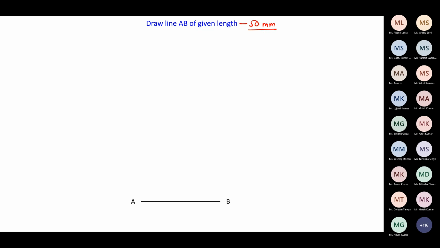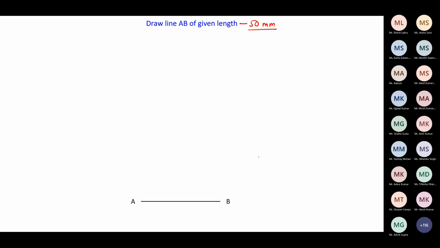So this line is given. Construct a regular heptagon of side 50 mm. The first task is to draw a line AB, or you can give any name, of the given length, like this.